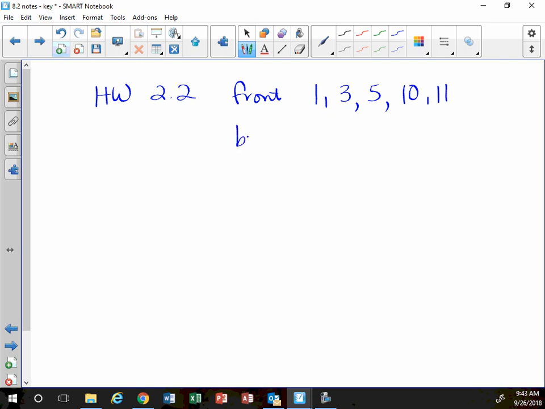I know this is weird. Back 1, 2, 3, 7, 8. Okay, so we'll just do 5 on each side. If you need more practice, definitely do more of them, but that's what I'm checking next time. Remind me next time what I'm checking, okay?